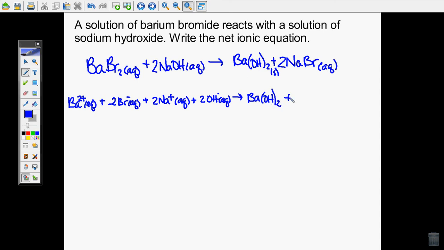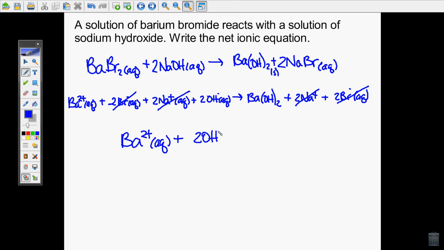Barium hydroxide plus 2 Na plus 2 Br minus. Now we're going to cancel out our spectator ions. So I've got bromine, bromine, sodium, sodium, and then I'm just going to write what I have left over. So I've got barium 2 plus aqueous plus 2 OH minus aqueous yields barium hydroxide solid.